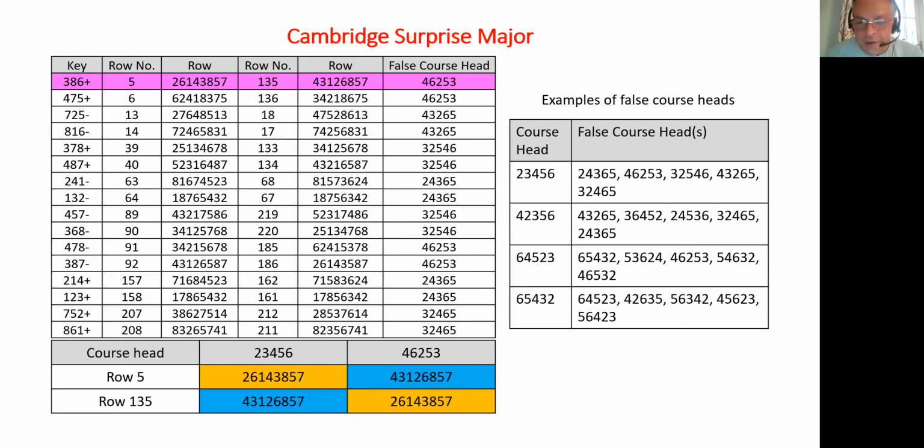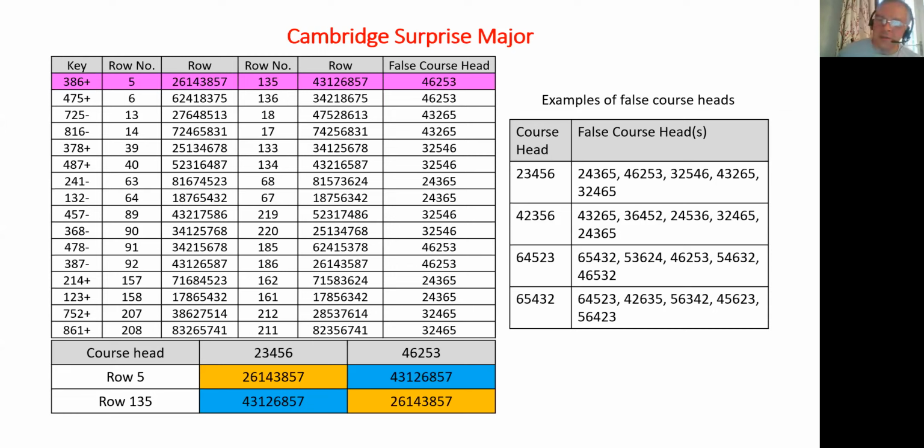The way it's done is that you can find a specific set of course heads where a lot of the false course heads are sort of common to each other. So although everyone knocks out 5 others, what you can do is find a set where the ones that are being knocked out are sort of common between the ones that you've chosen.